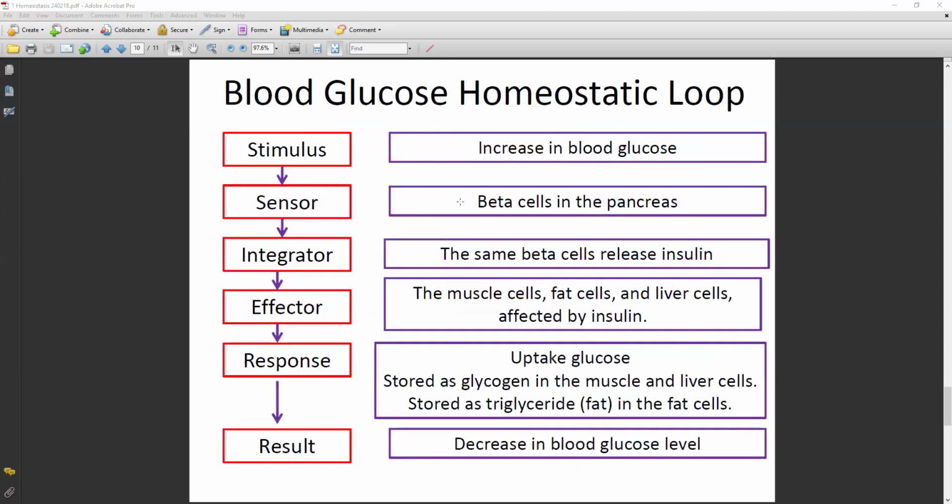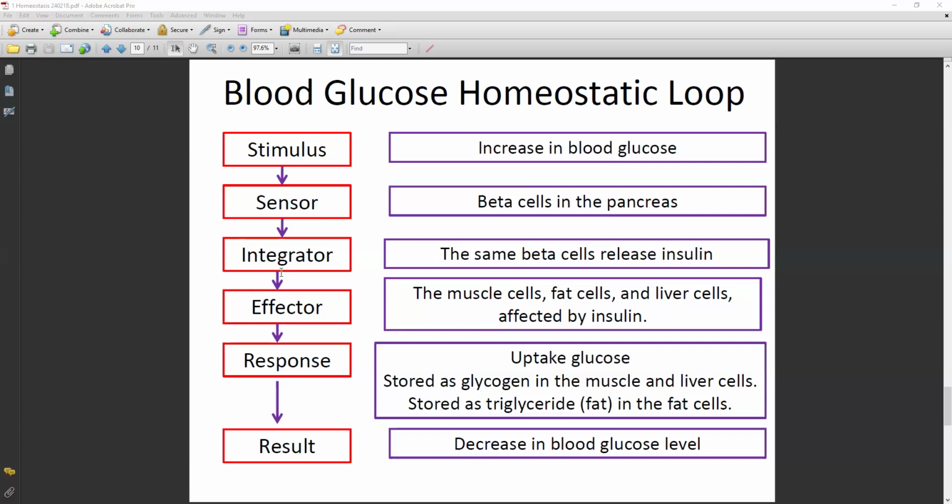The sensor is the anatomical organ that senses the stimulus. Integrator is a noun. Effector is a noun. So these are anatomical organs. The integrator will send signal to the effector. Response is an action.